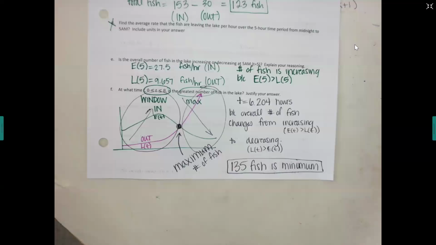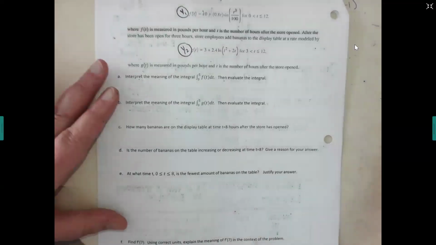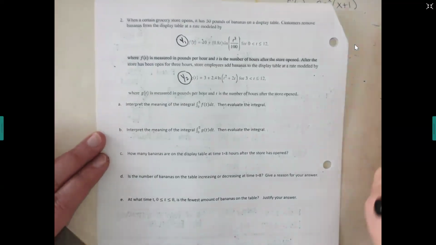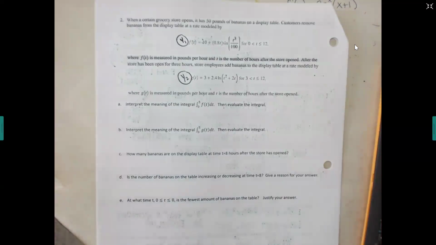Okay, while you type in the Y1 and the Y2, I'll read it to you. So we're putting the first equation in for Y1, second equation in for Y2. It says, when a certain grocery store opens, it has 50 pounds of bananas on the display table.